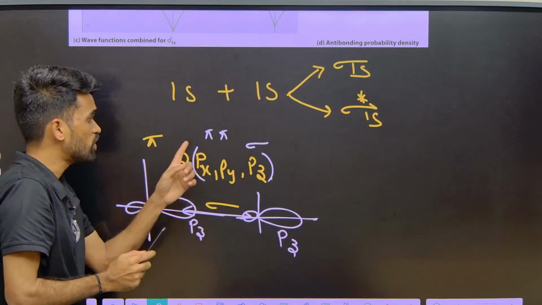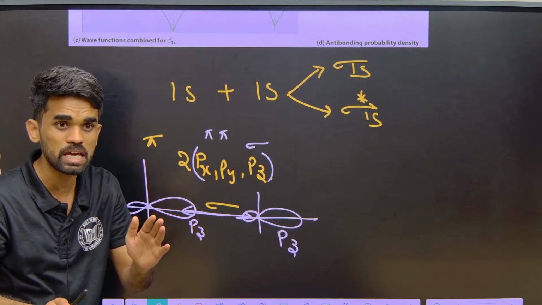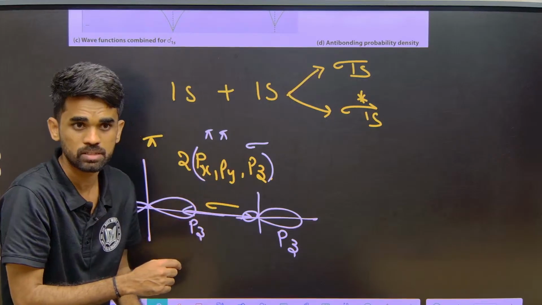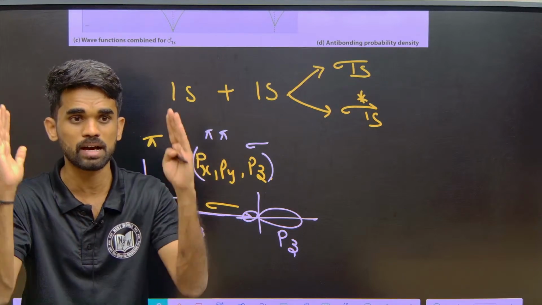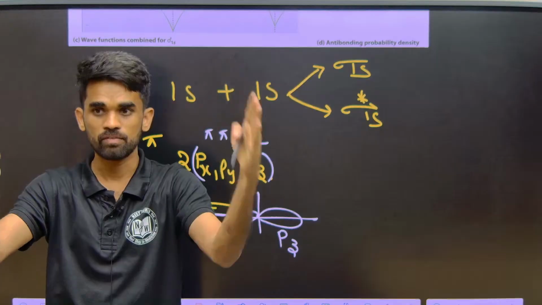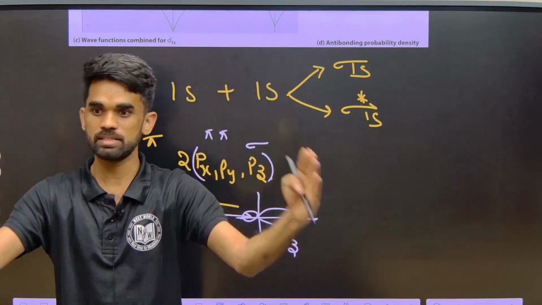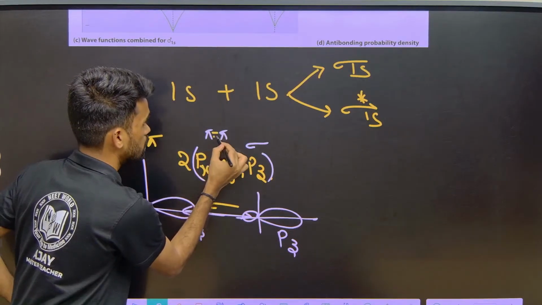For pi bond formation, we have equal probabilities. Why am I saying equal probabilities? If I ask, does px form first or py form first? Not like px or py, both will form with the same probability. Why? Because if this is the z axis, x will be like this, y will be like this. Both can be, when it is coming like this it also comes like this. So they have equal probabilities.